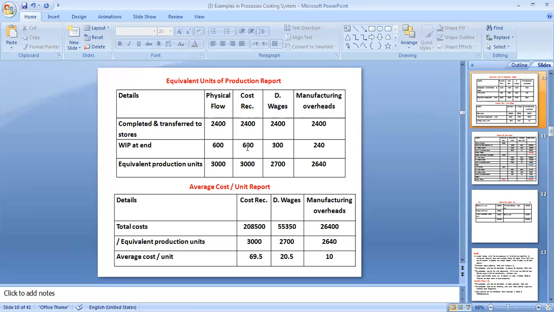And he told me 50% and 40% for wages and overhead. 50% for wages, so 600 times 50% gives 300. 600 times 40% gives 240. So the 600 units of ending work in process multiplied by 50% regarding wages and 40% regarding overhead, this is the equivalent units.